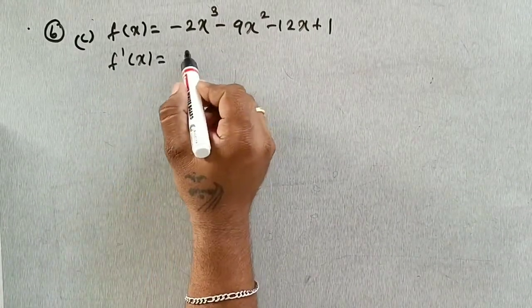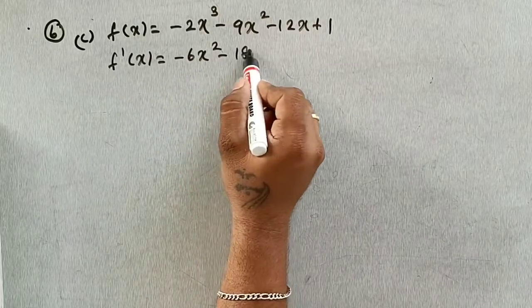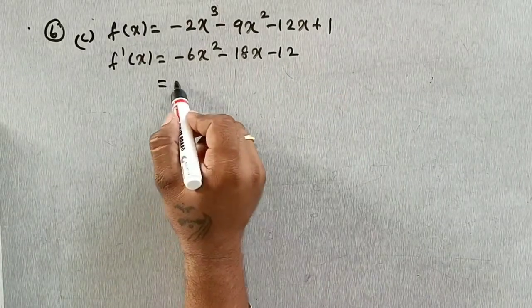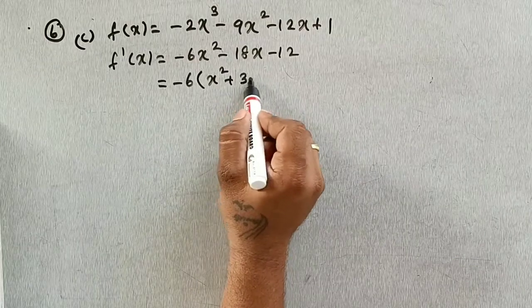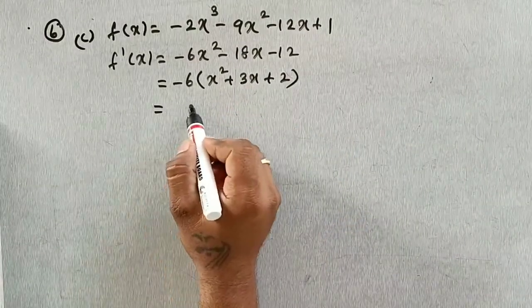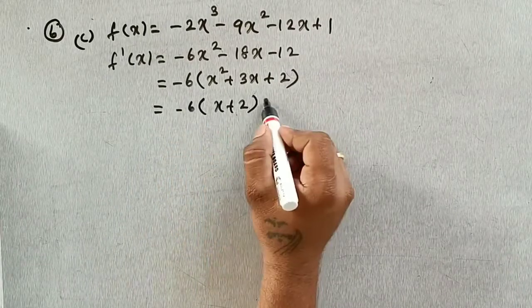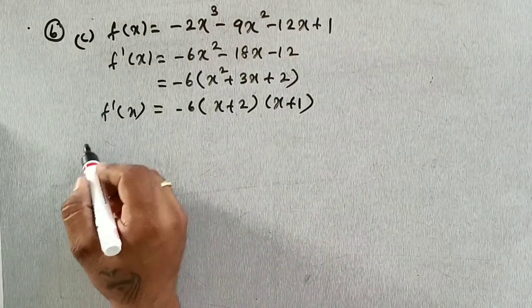Differentiating this, f dash of x equal to minus 6 times x square minus 18x minus 12. So what is common here? I can take minus 6 outside, remaining x square plus 3x plus 2. Factorizing this, we will get minus 6 into x plus 2 into x plus 1. This is the f dash of x value.